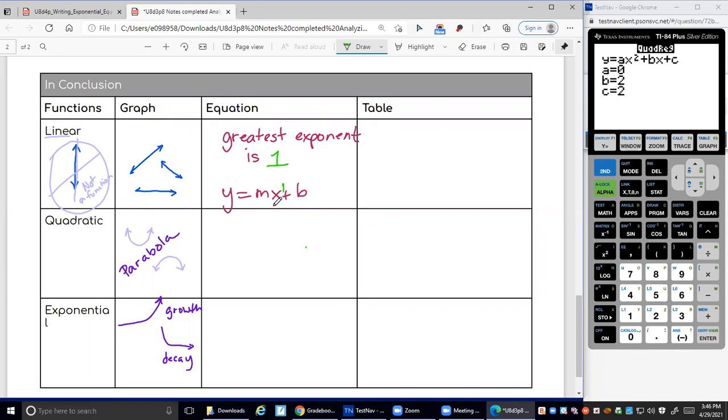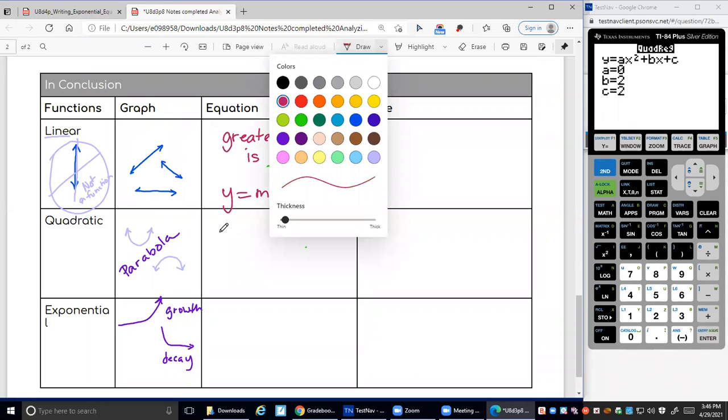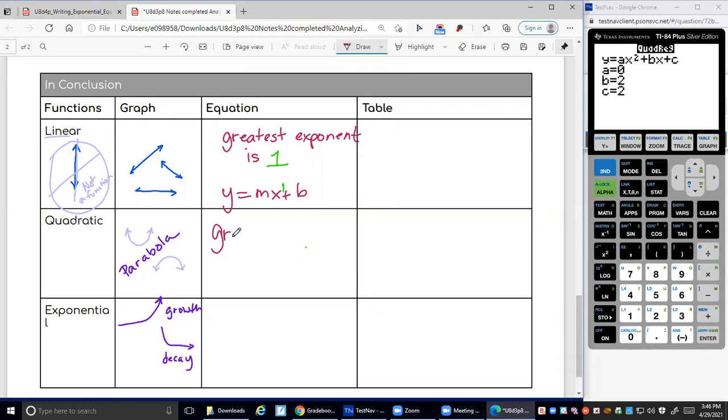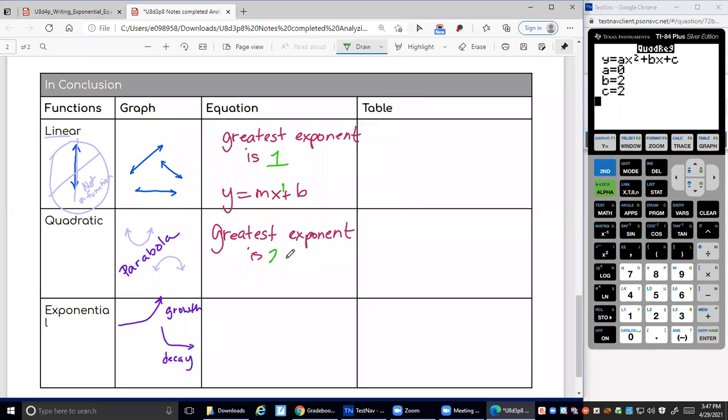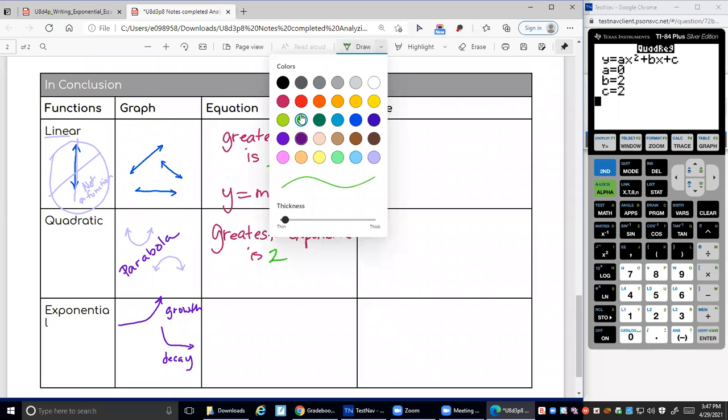All right, let me talk to Roman. Talk to me about quadratic. What is my greatest exponent if it's a quadratic, sir? 2. Yeah, it's 2, right? And since you're kind of on a roll, do you know what the standard form of a quadratic is?